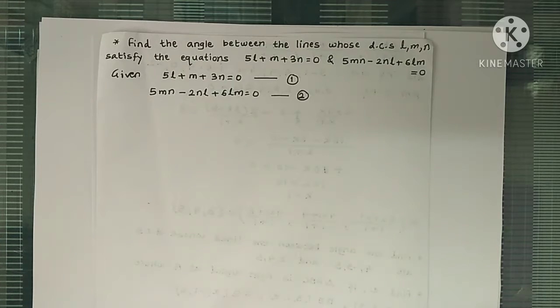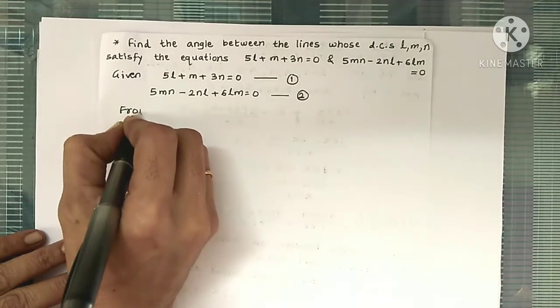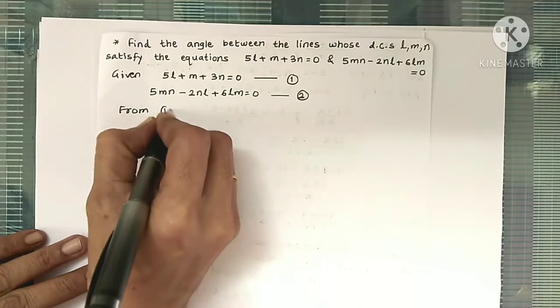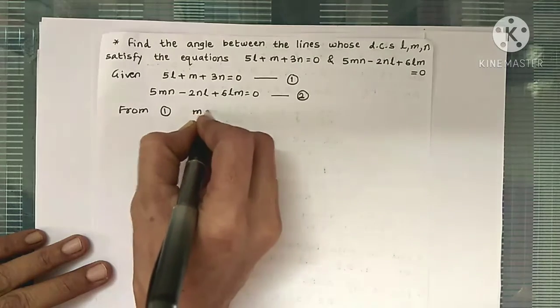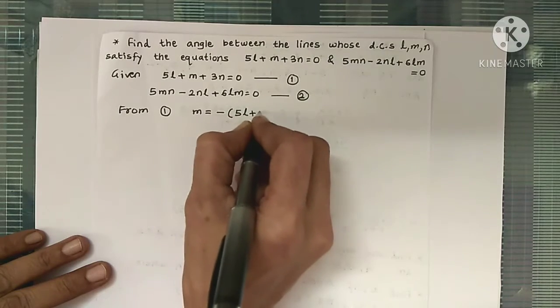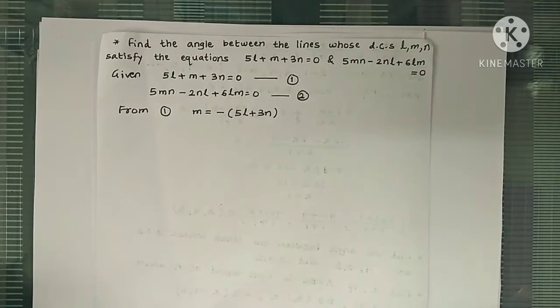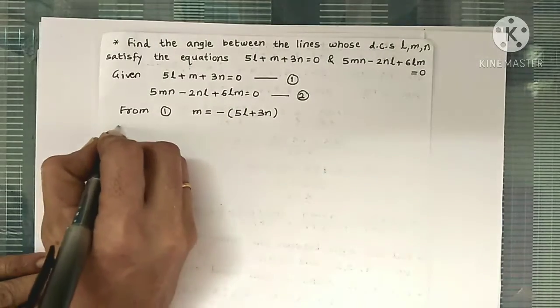So let's try to minimize the variables. From the first equation, we can get m in terms of l and n. From equation 1, we can write m as -5l - 3n. Now we have m in terms of l and n, so let's substitute this value in equation number 2.